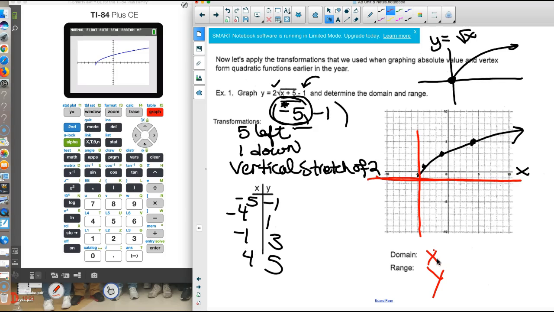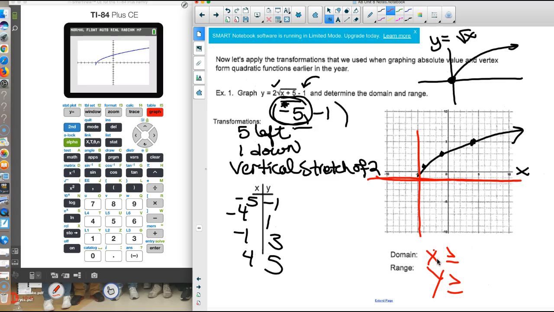Okay, is that going to the right or to the left? Right. To the right, it's greater than. Is it going up or down? That's greater than. Okay, so that's how you decide the signs. If it was going to the left, we do less than. If it was going down, we do less than.